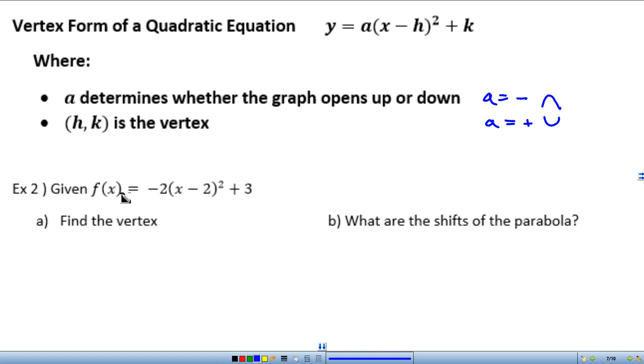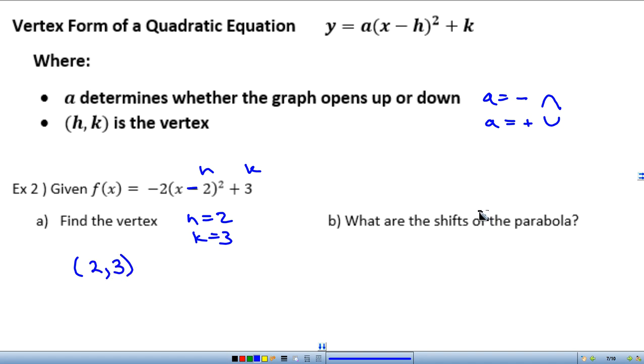So for instance, we have f of x equals negative 2 times the quantity of x minus 2 quantity squared plus 3. You need to find the vertex. Not a problem. You find the vertex by h and k. So here is h, here is k. It's minus h, so my h is 2, and my k is 3. So my vertex is 2, 3.